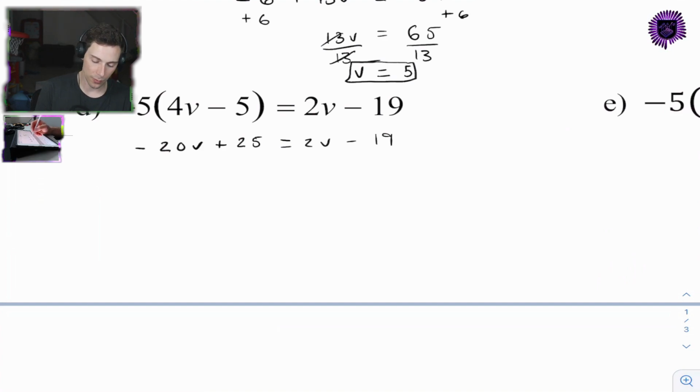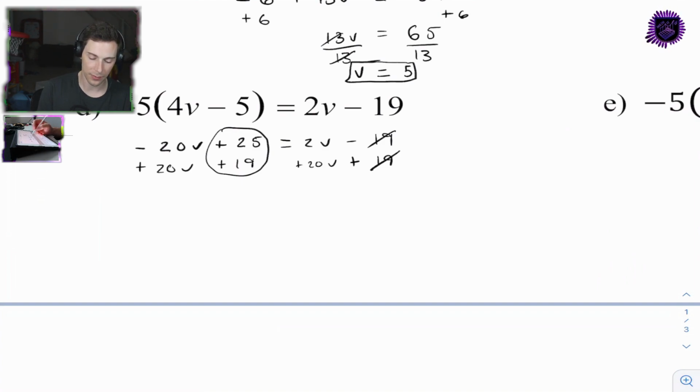So let's go plus 19 on this side and plus 19 on this side. Cancels, leaves us with this. Let's go plus 20v on this side, plus 20v on this side. Cancels, leaves us with this on this side of the equation.